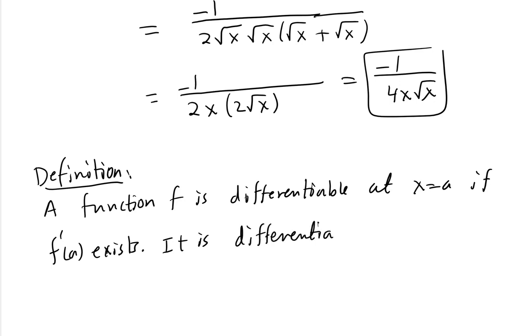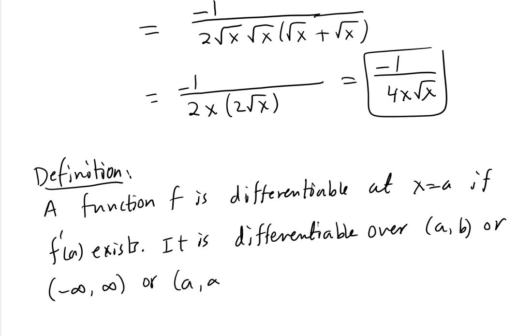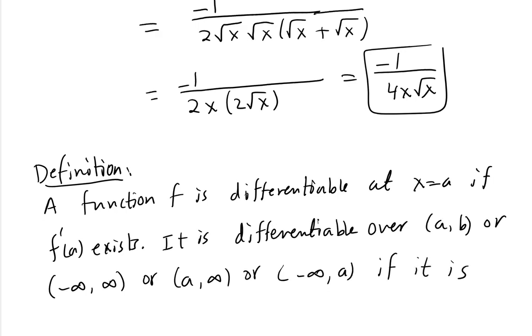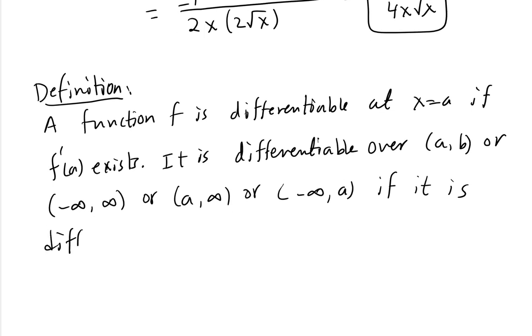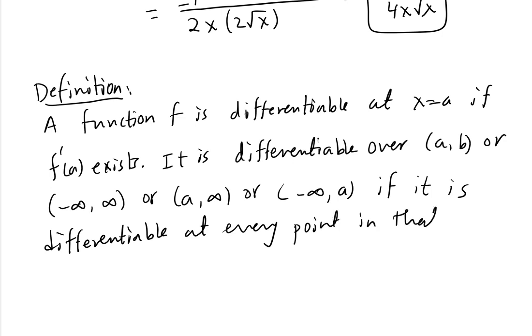So we say it is differentiable over the interval a b, or the interval negative infinity to infinity, or a to infinity, or negative infinity to a, if it is differentiable at every point in that interval.